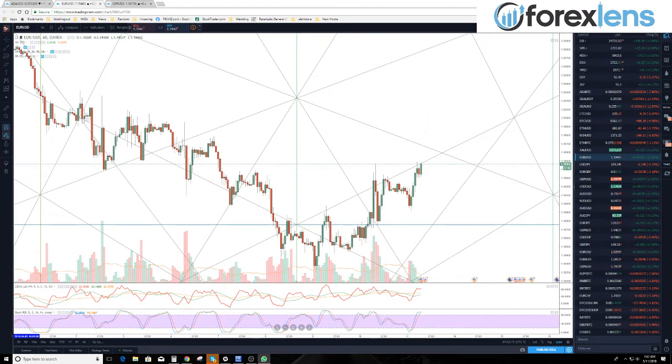So there's a couple options, at 1.1946 or at, we would say, 1.1968. Those are a couple options right there. And it looks like the 1.1968 may be the zone to look at.